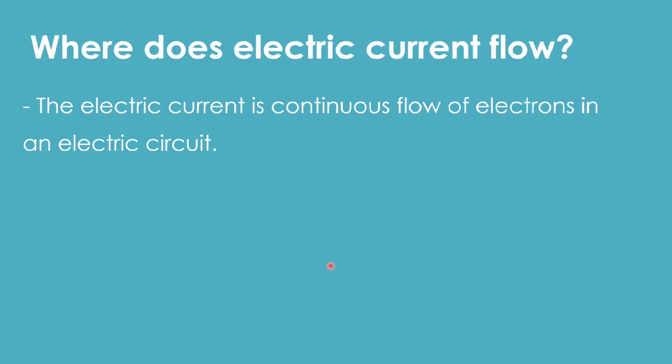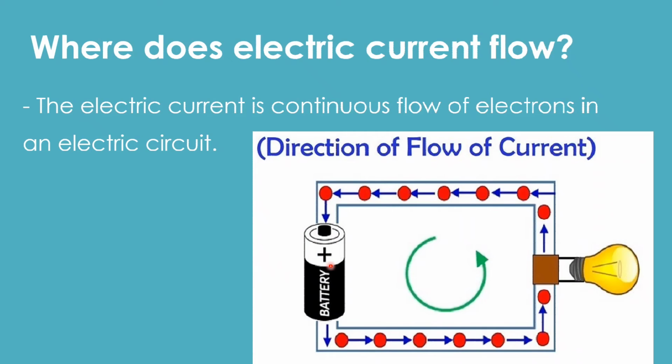So electric current in an external circuit is directed from the positive to the negative terminal. So again, electric current is the continuous flow of electrons in an electric circuit, which is our wire. For example, we have copper wire.